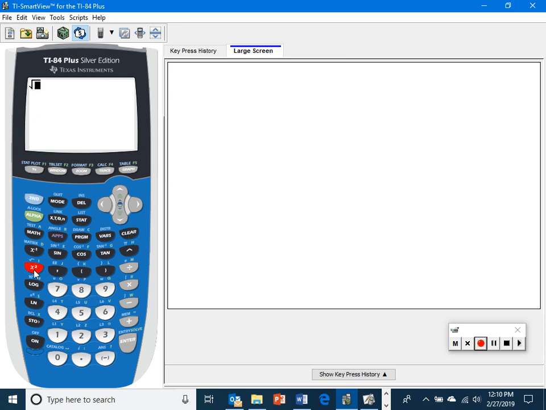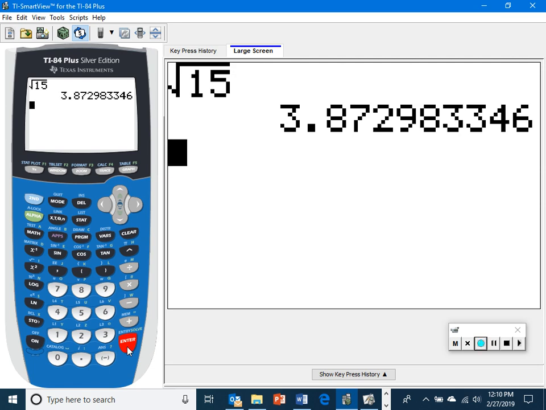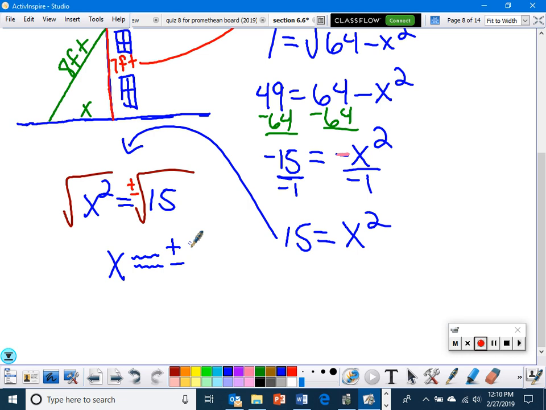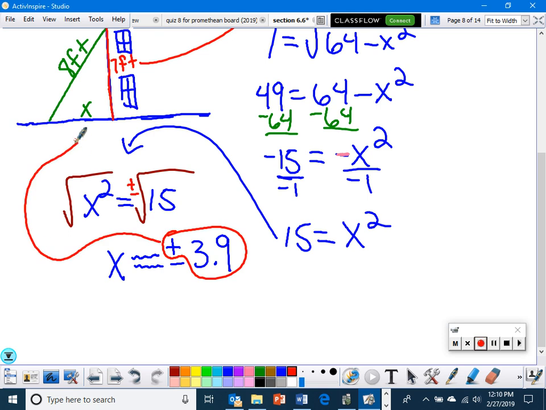The square root of 15, we're going to round it to 3.9. But you can't have a negative distance, so we'll use the positive. The distance from the base of the ladder to the wall is 3.9 feet. The negative would not be used.